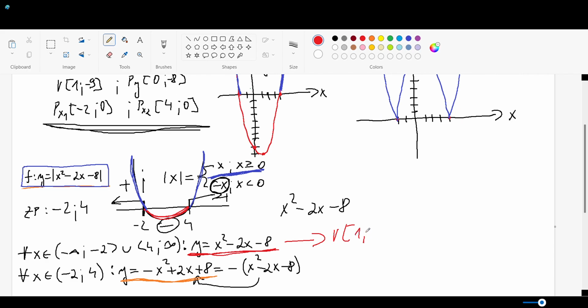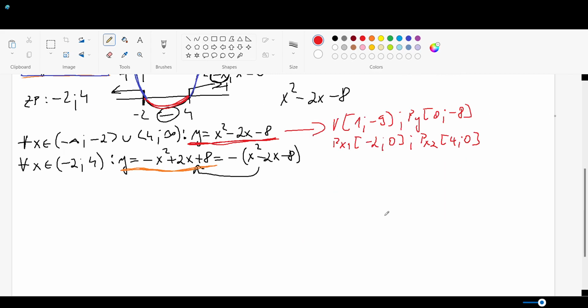So we already know all the information: vertex coordinates are 1 and -9, Py has the coordinates 0 and -8, Px1 has the coordinates -2 and 0, and Px2 has the coordinates 4 and 0. Okay, we already know how the graph of this red parabola looks. Let me sketch it again.